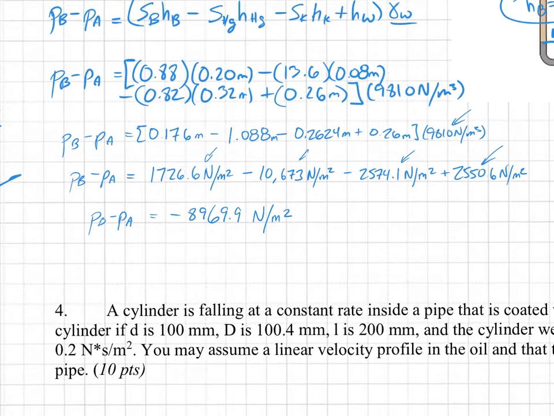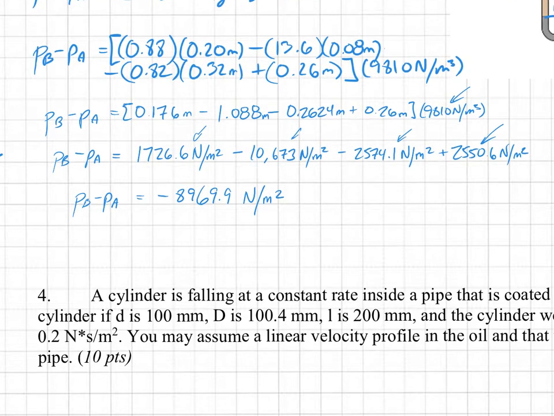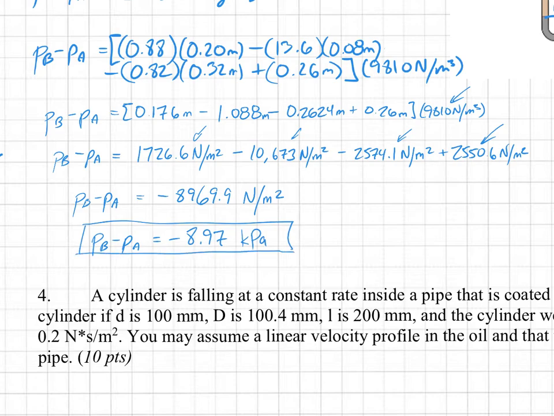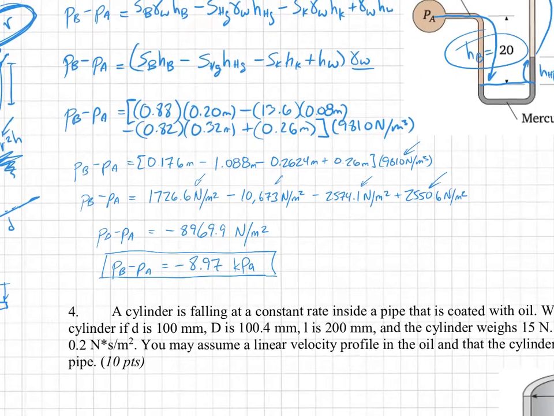Maybe you should pause it if you want to check those in your calculator. Adding them all up, I get negative 8,969.9 pascals. I should probably bring this to 3 sig figs, and the easiest way to do that is negative 8.97 kilopascals, right? Because a Newton per meter squared is a Pascal, and so we're going to make this a kilopascal. So that's how we do this.